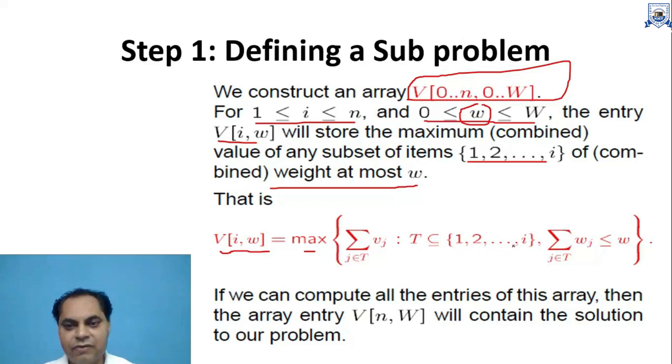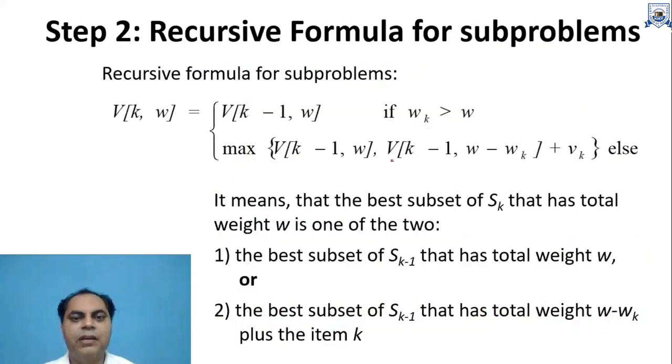If we can compute all the entries in this way, then the array entry V[n,W] will have our optimal solution. Now come to the recursive formula and recursive steps.